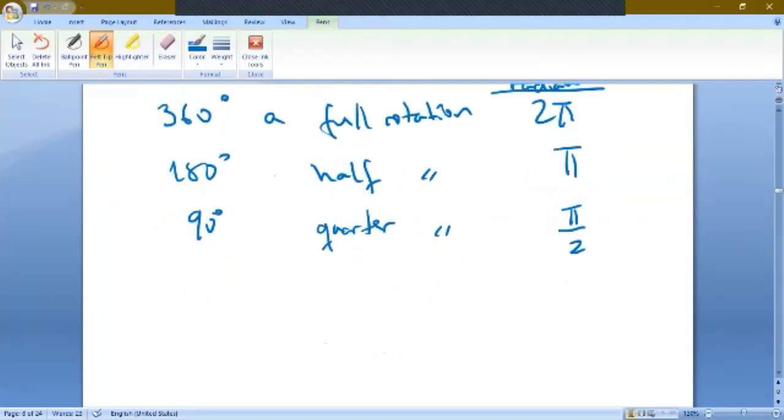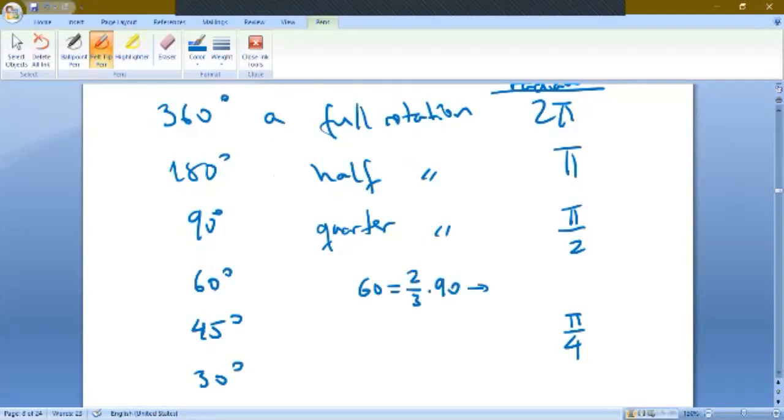And we can also obtain other angles, like let's say 60 degrees, 45, or 30, which you may have seen earlier. 45 is again 1/2 of a quarter, so that's pi over 4. And 60 is 2/3 of 90.